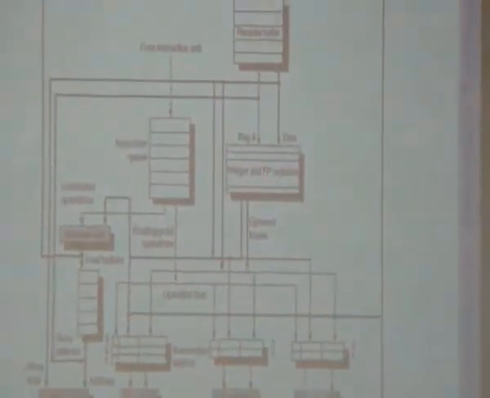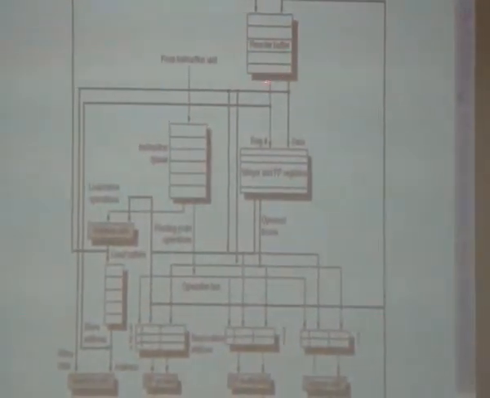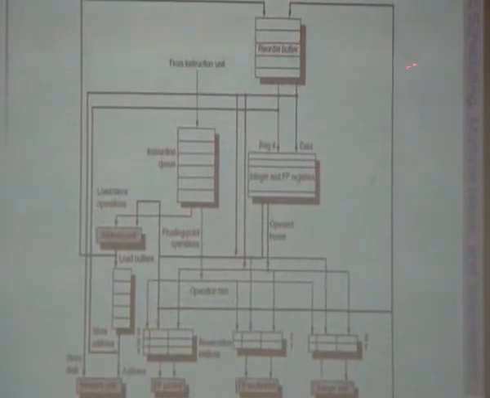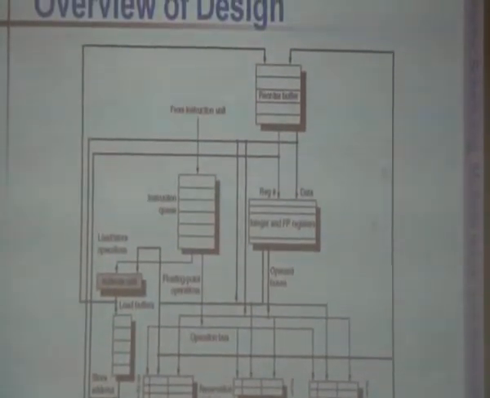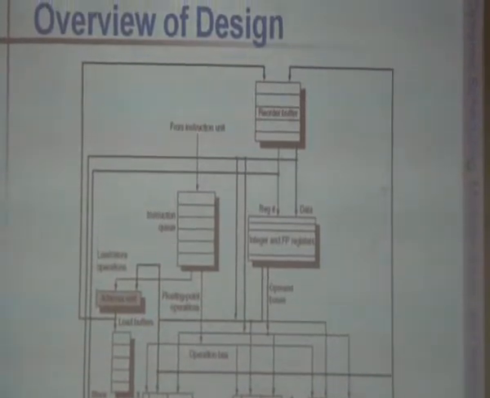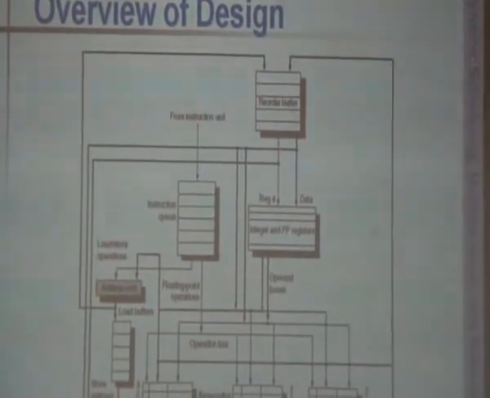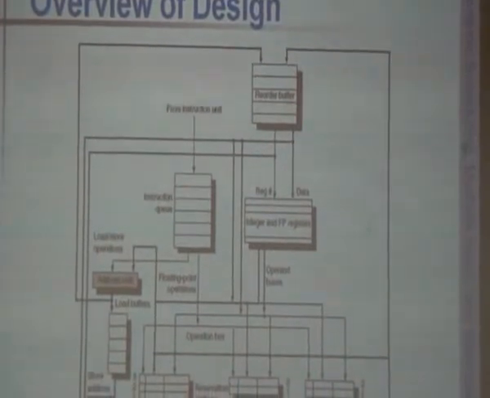If you see here, we find the reorder buffer sitting on the top, which is a hardware unit that helps you in the dynamic scheduling process. As I have already told you, the reorder buffer is responsible for the retirement.